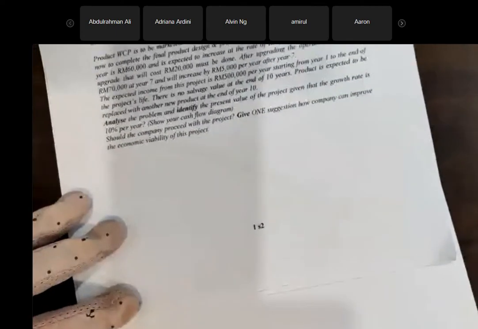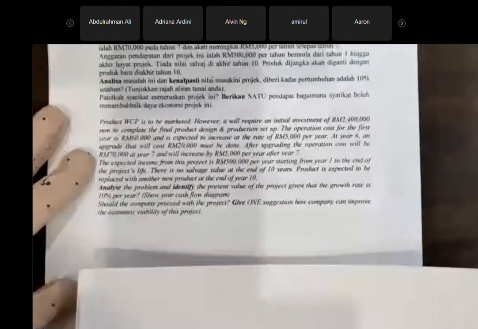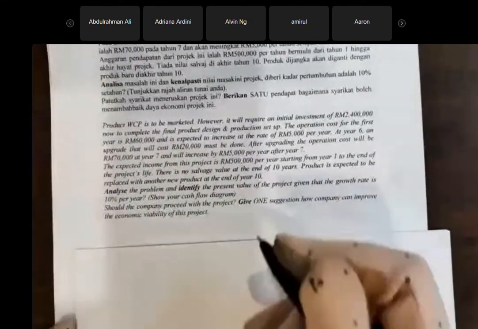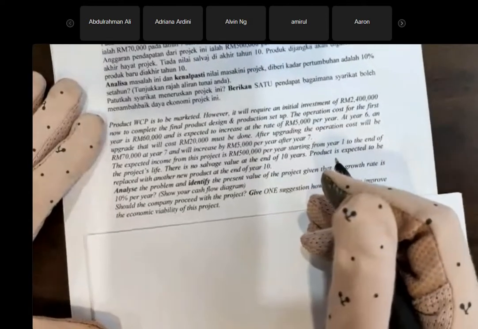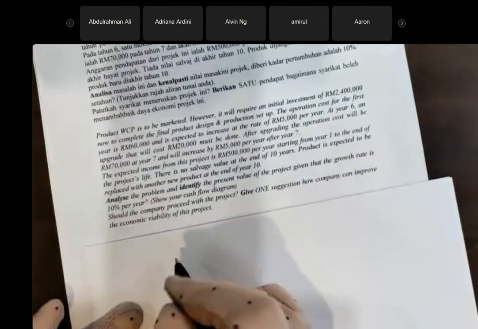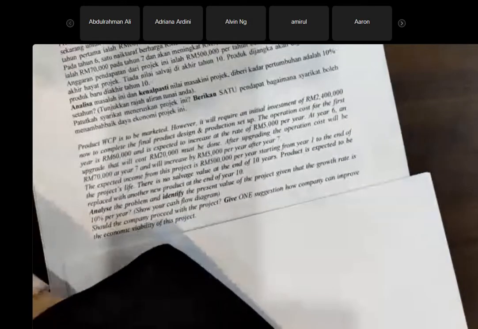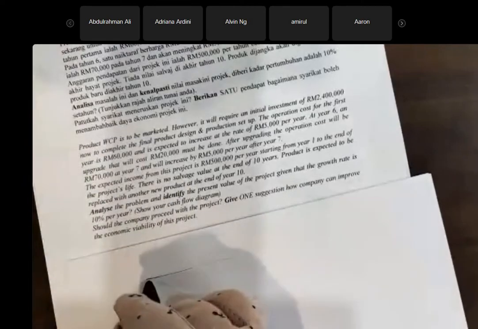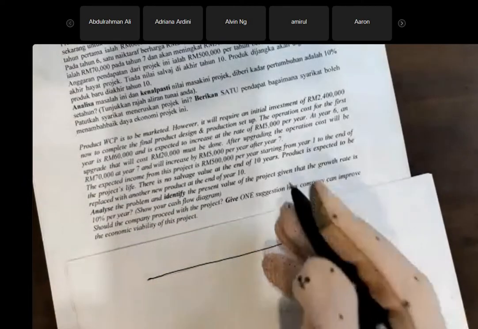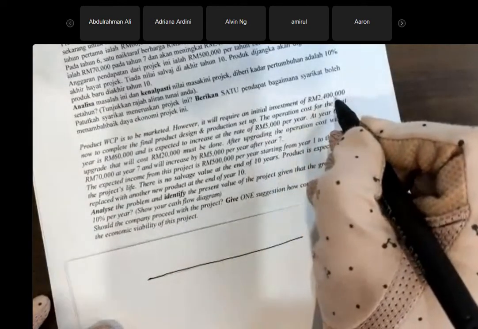Okay, we start with the cash flow diagram. How to draw the cash flow diagram? Then what is the meaning of 2.4 million?